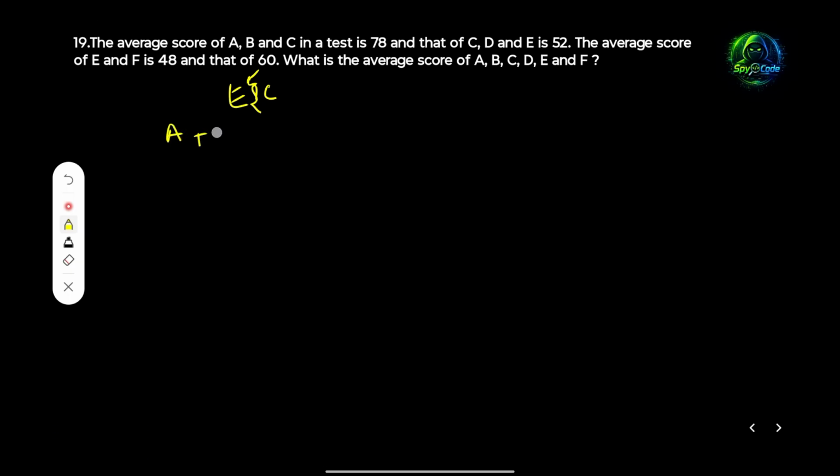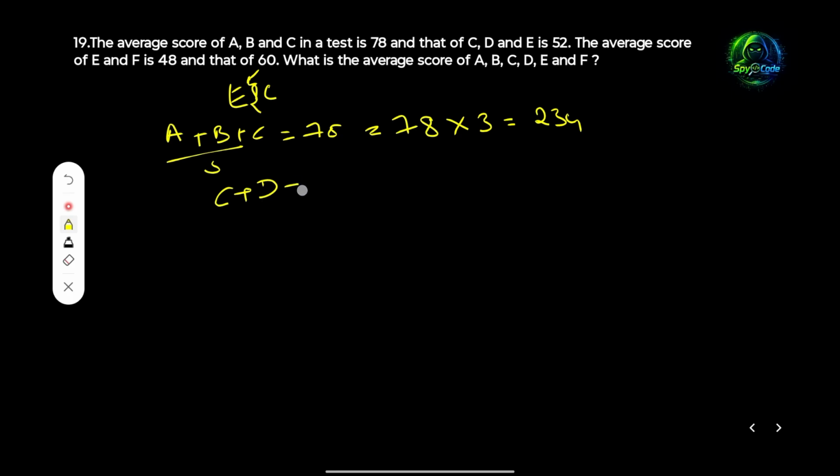A plus B plus C divided by 3 is equal to 78. Okay. So, what is the sum? 78 into 3, which is 234. So, C plus D plus E, the sum is 52 into 3, that is 156.